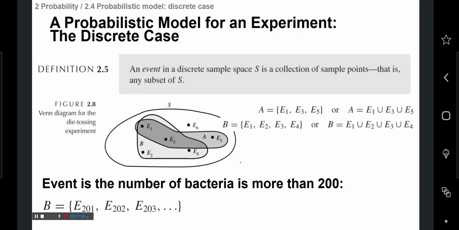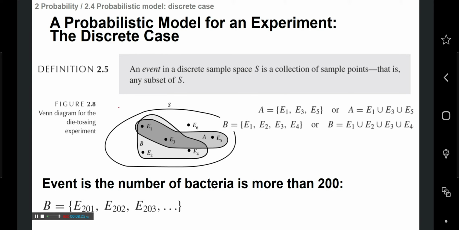Okay, and Definition 2.5: an event in a discrete sample space S is a collection of sample points, that is, any subset of S. Let's look at the example.